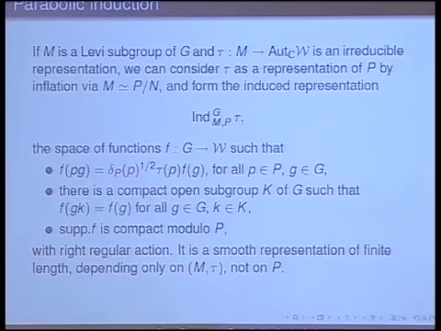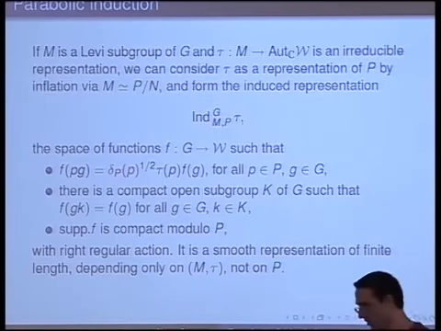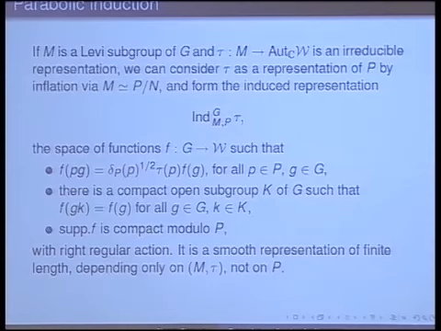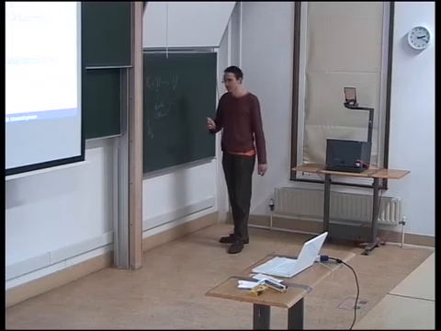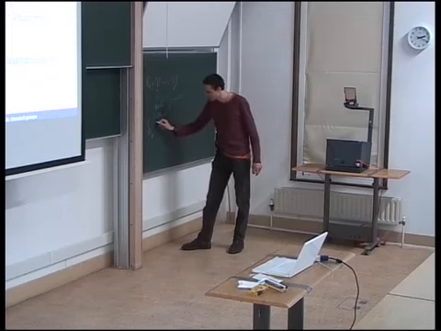What this does is it takes into account somehow the effect on the measure of a conjugation by P. So the point is that for the parabolic subgroup, a left Haar measure and a right Haar measure are not the same, and this somehow characterizes the difference. So at least here's one definition of this modulus function.